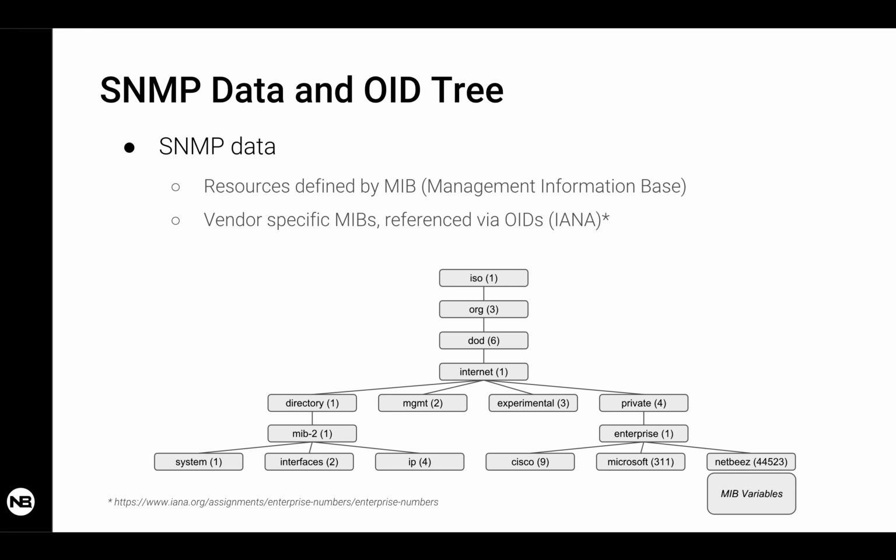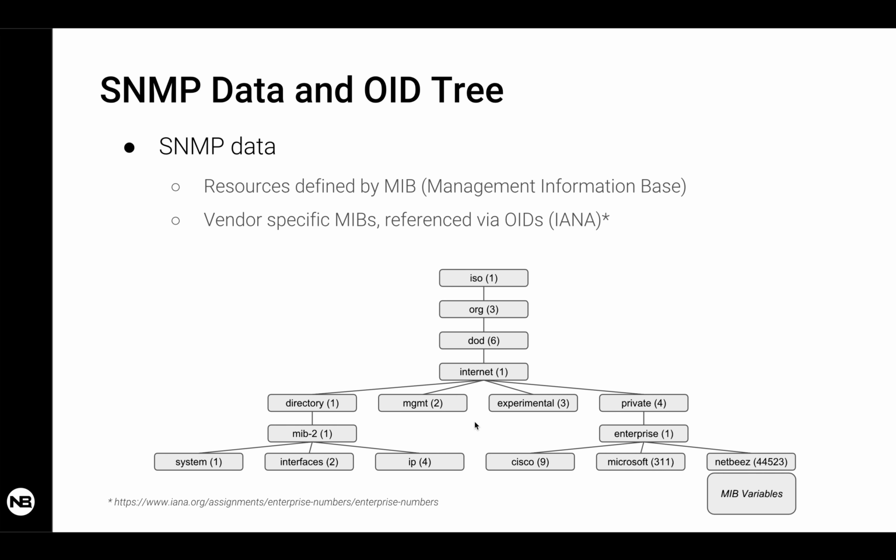So let's talk more about the SNMP data, or the way that resources such as in the GET and the trap are encoded. Such resources are defined by MIBs, which stand for Management Information Base, and a MIB is nothing more than a file that defines the specific queries or traps that devices can exchange. For this reason, IANA has created and maintains a tree of MIBs that are organized in a hierarchical way.